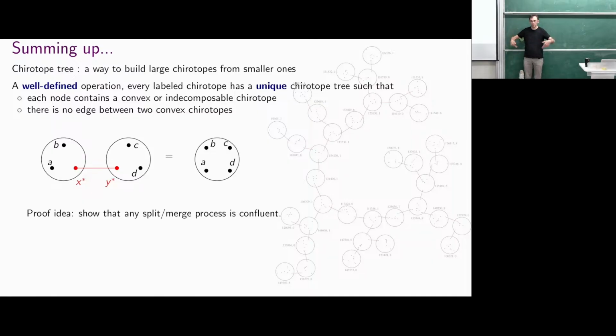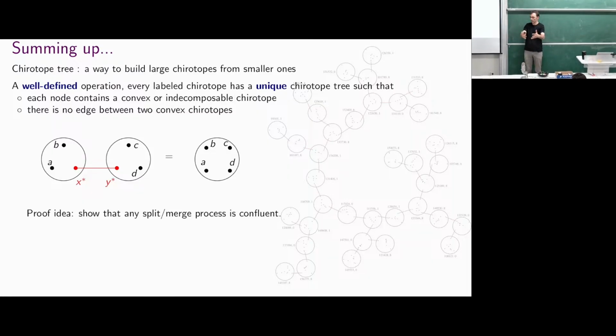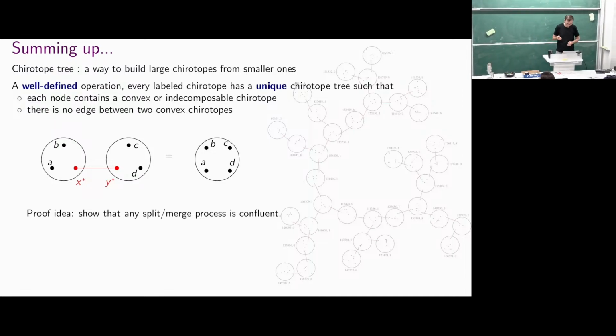If you apply this, you get stuck at some point, and no matter in which order you do that, you will get stuck at the same tree. This is a set of rewriting rules that's locally confluent and therefore confluent.